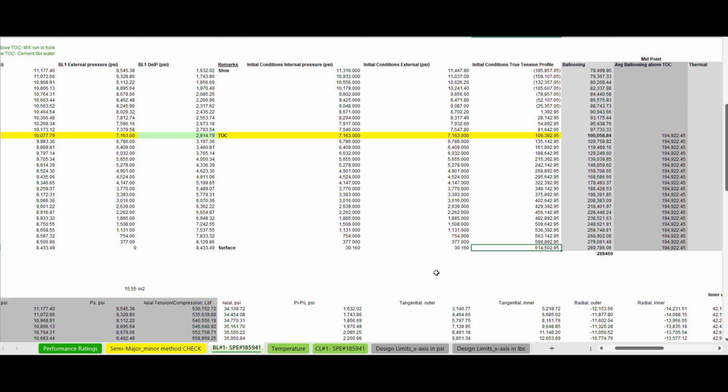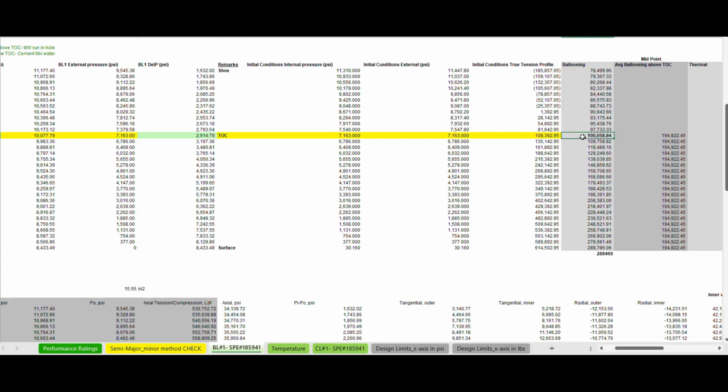However, for the cemented interval, I think we have an exact value. Above the cemented value, it's an estimated value. So we could say maybe a better assumption is to take a midpoint above the top of cement.